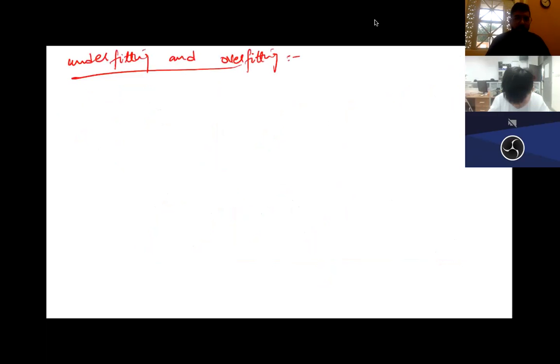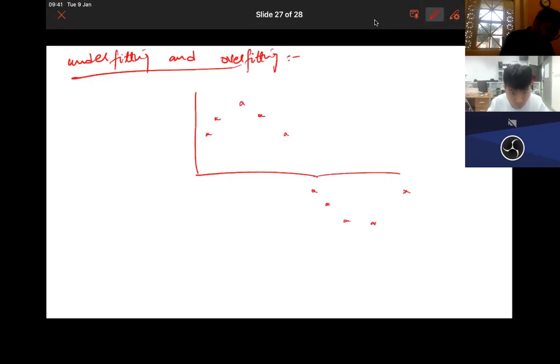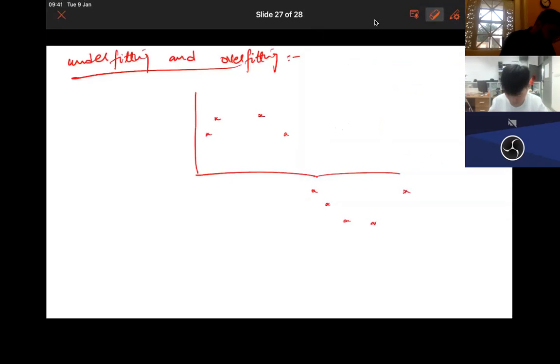So what is an underfit? Let's say you have data from a cosine. In fact, let's make it a little noisy, so maybe a few points are a bit noisy.